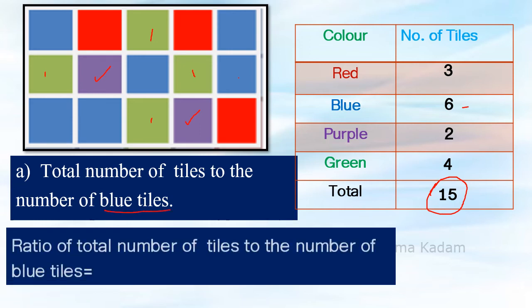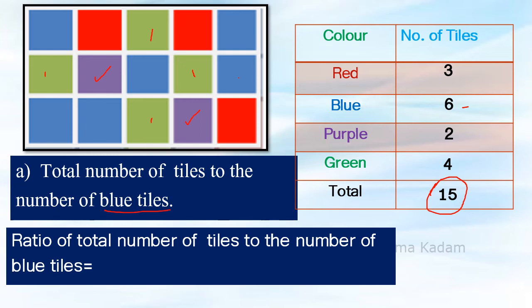So the answer will be a ratio of total number of tiles to the number of blue tiles will be equal to 15 upon 6. Okay. Now again 3 5s are 15 and 3 2s are 6. Right. So the answer will be 5 upon 2. This is the ratio of total number of tiles to the number of blue tiles.